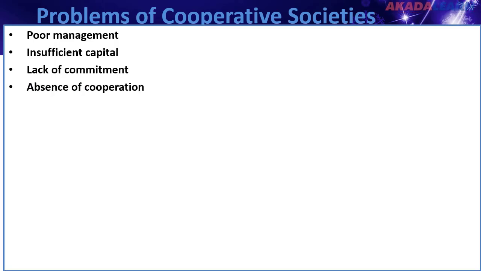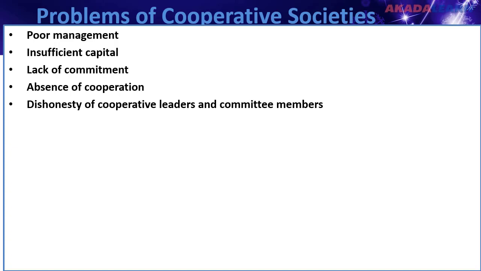4. Absence of cooperation. In most cases, there is absence of cooperation among members of the cooperative society due to internal quarrels and individualistic tendencies. 5. Dishonesty of cooperative society leaders and committee members. 6. Illiteracy.